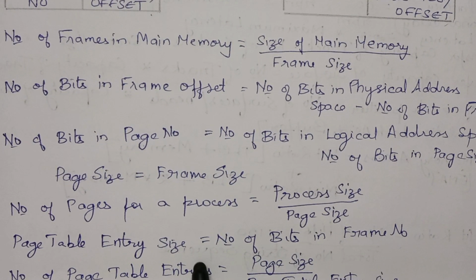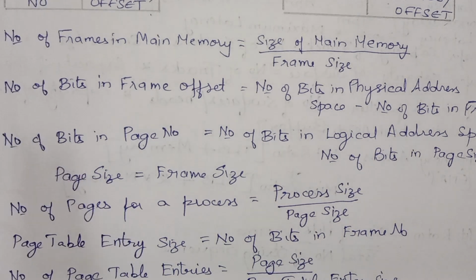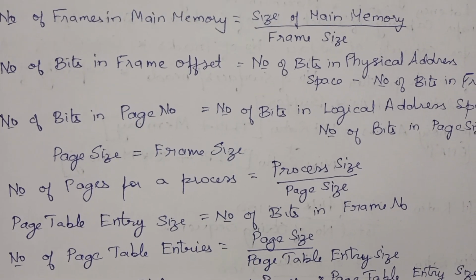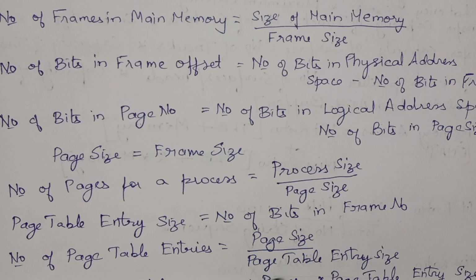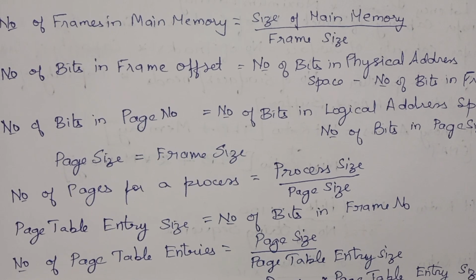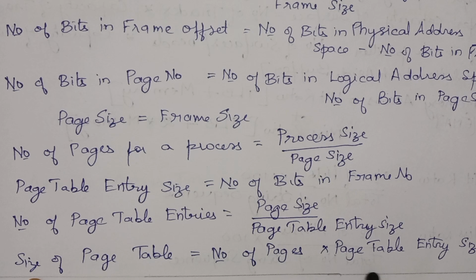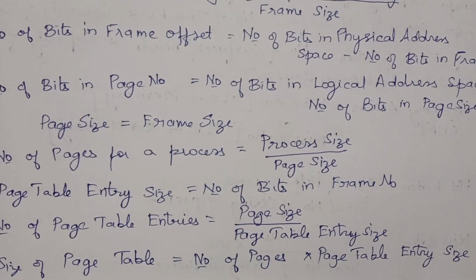Page table entry size is equal to the number of bits in the frame number. Number of page table entries is equal to page size divided by page table entry size. Size of the page table is equal to the number of pages times the page table entry size.